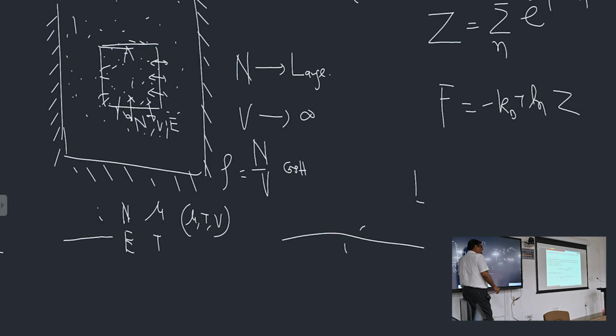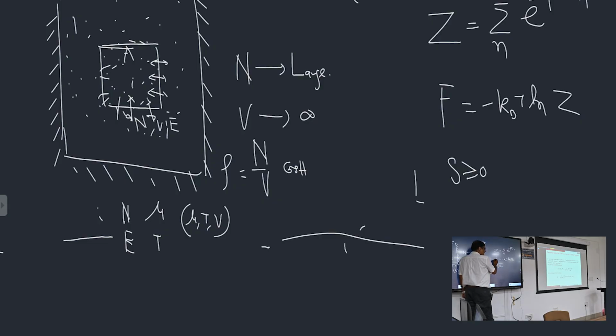Now, in the case of the microcanonical ensemble, entropy is the quantity which was there from thermodynamics. Entropy has a particular property that it always increases or remains constant. Okay, this is the direction given by the second law of thermodynamics.